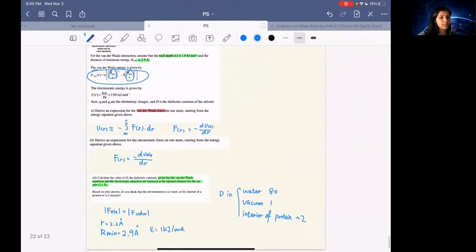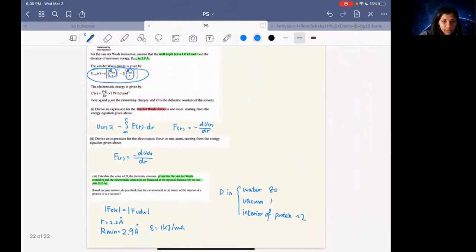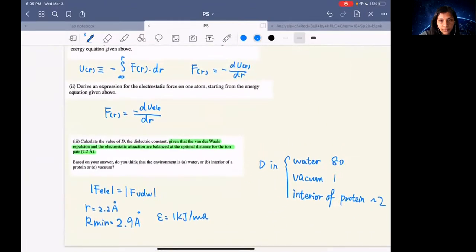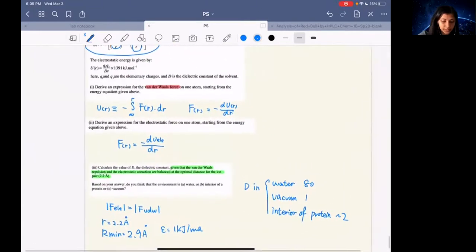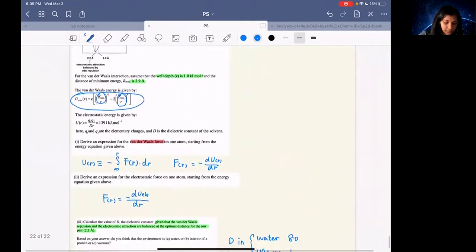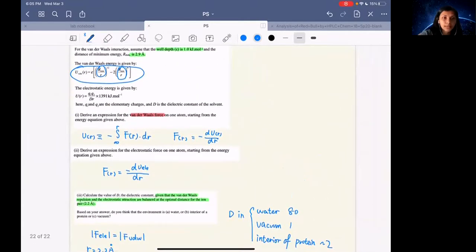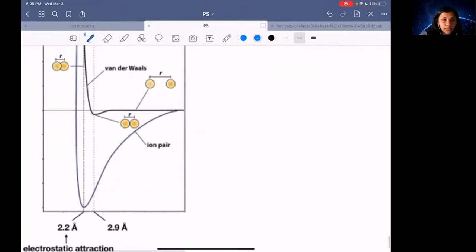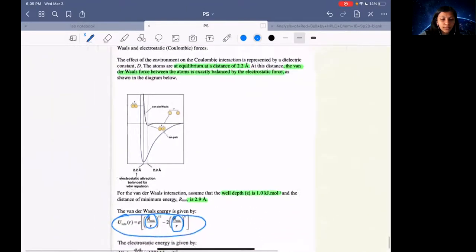Are there any questions? For the third part, could you just set the energies equal to each other and then plug in everything? I don't think so, because the energy shouldn't be equal.